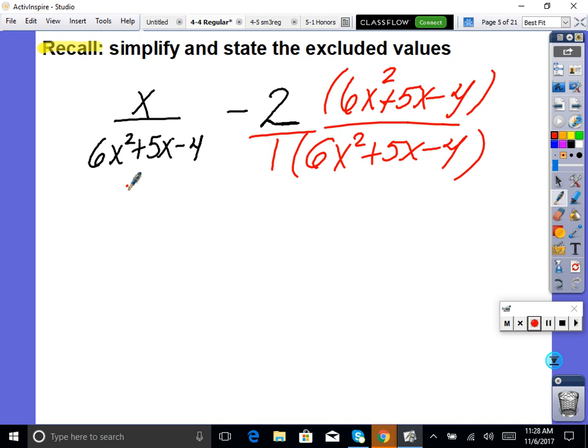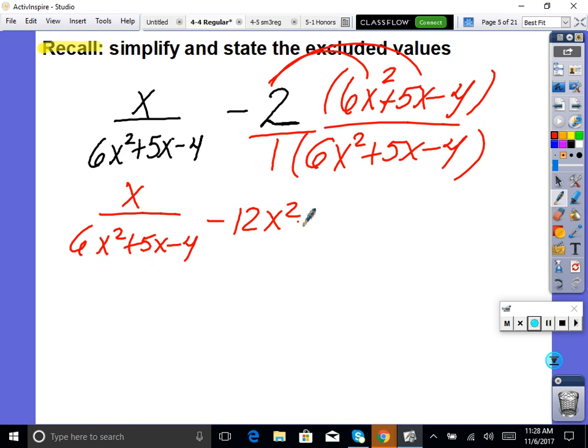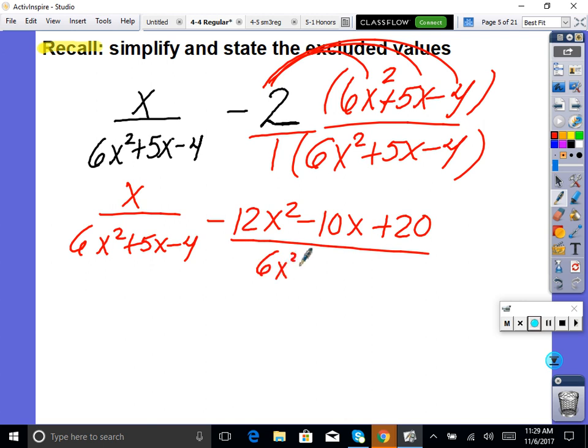So we have x over 6x squared plus 5x minus 4 minus 12x squared minus 10x, am I right? Plus 20, and that's all over 6x squared plus 5x minus 4. Plus 8, it's now plus 20.